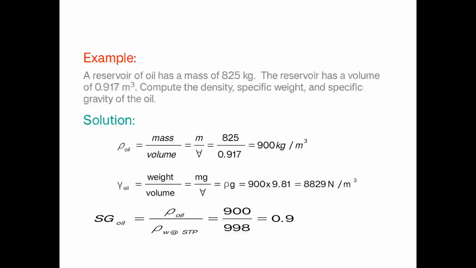Specific weight means the density times the acceleration due to gravity, so you get 8829 Newton per meter cube. And the specific gravity means, we know that for water at STP condition it is 998, but approximately we can use it as 1000. So the density of the oil filled in the reservoir divided by the density of water comes as 0.9.